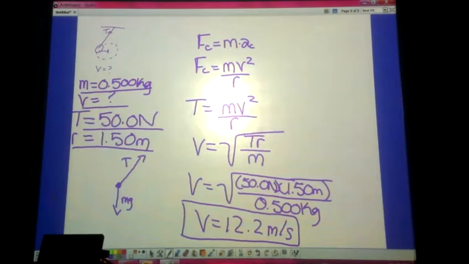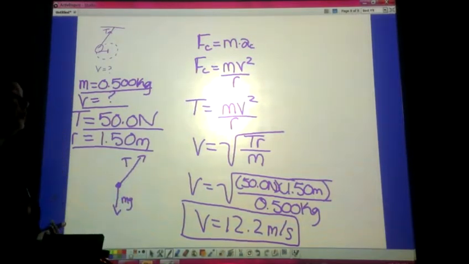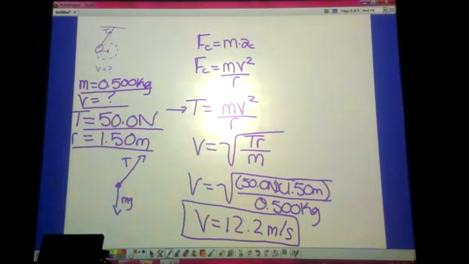Okay, so in general, if I'm thinking about a conical pendulum, as the tension increases, speed will also increase. So if I'm looking at this right here, as tension increases, speed is also going to increase.